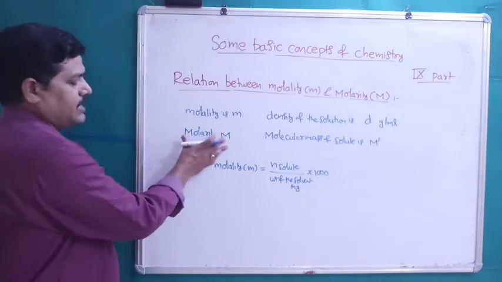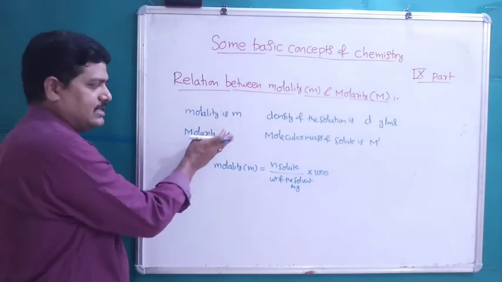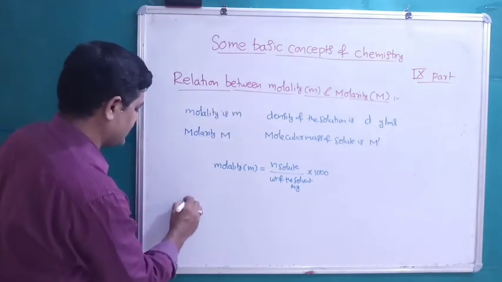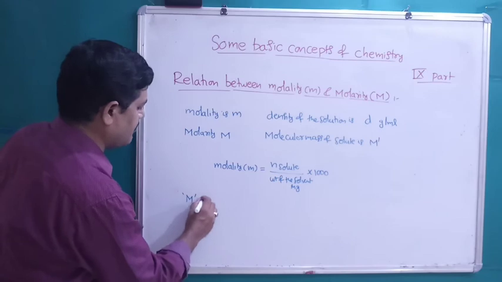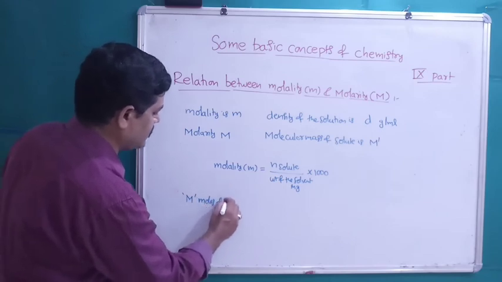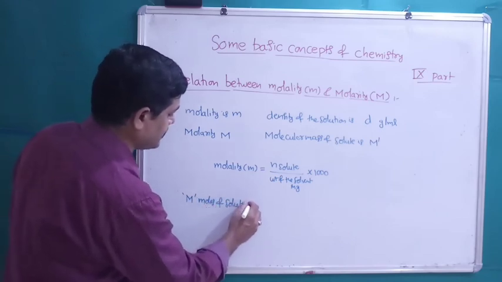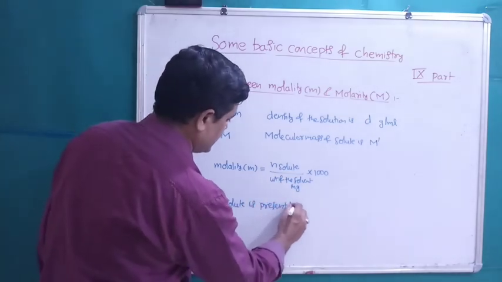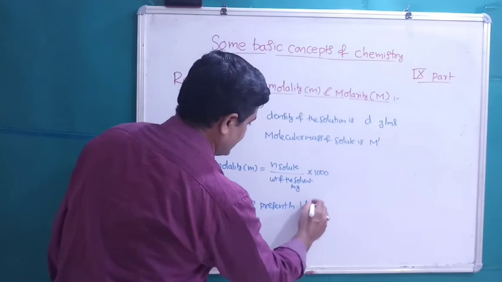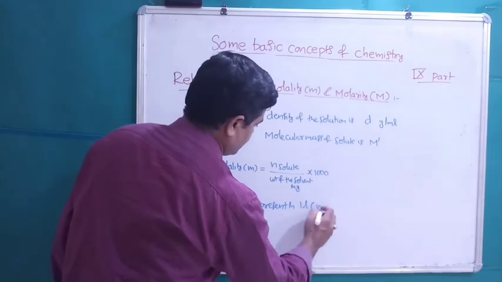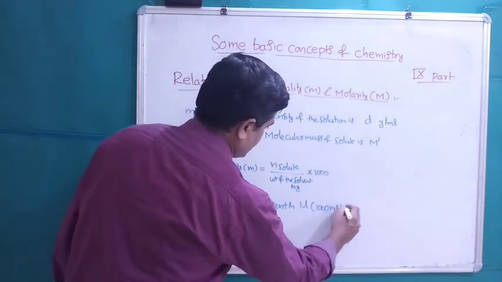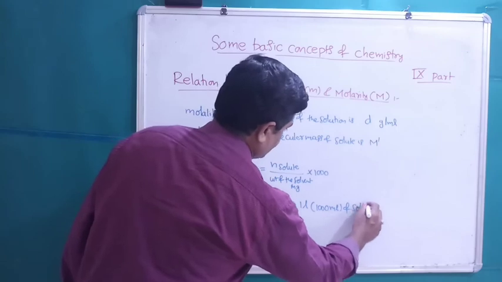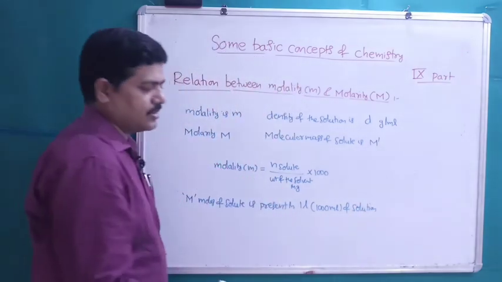When the molarity is given as M, what it means is M moles of solute is present in 1 liter, that is 1000 ml, of solution.